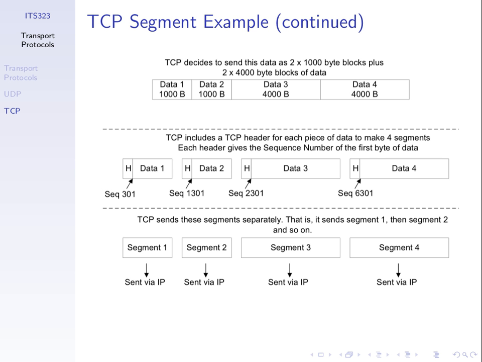And so on. And that's what we get on the slide here, that the sequence number in the header of the third segment is 2,301, and in the fourth segment, 6,301. So note that the sequence numbers are not incrementing each segment, they're incrementing each byte. And the sequence number we include in the header is the sequence number of the first byte of data.